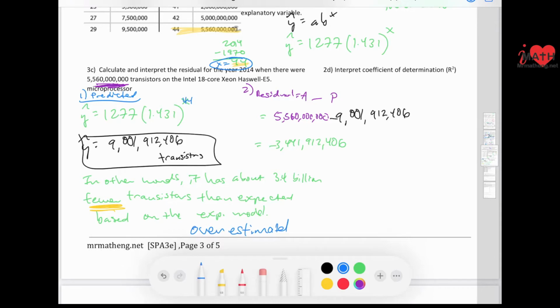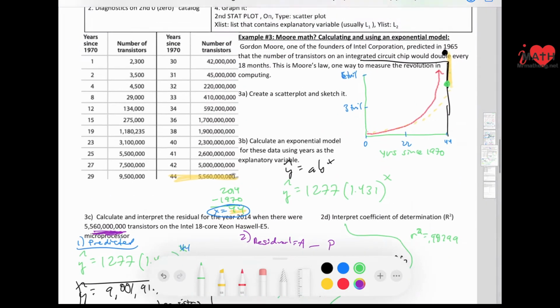Okay, what is the interpretation of the coefficient of determination? Well, our R squared value was 0.9829. And we just use that sentence frame from above.